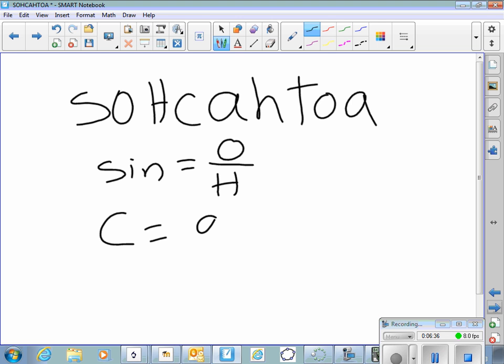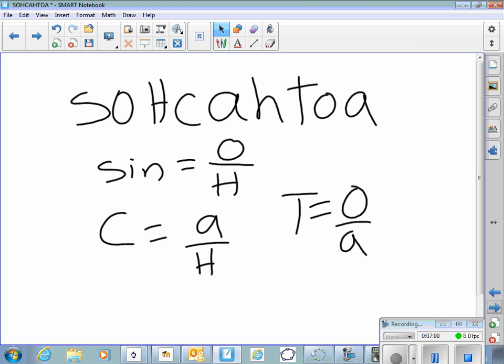Cosine is adjacent over hypotenuse. And tangent is opposite over adjacent. So SOHCAHTOA is how people remember which one is which. It's kind of a mnemonic, a way to remember it. Sounds like a Polynesian word, so it's easy to remember. Probably the cross-country runners would put that in their chant.